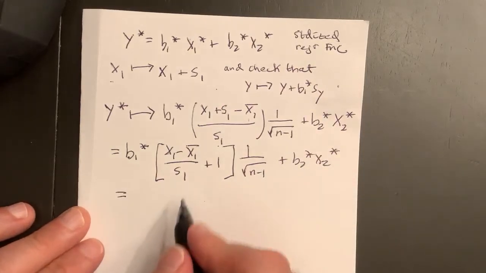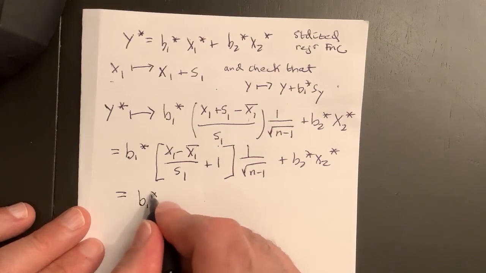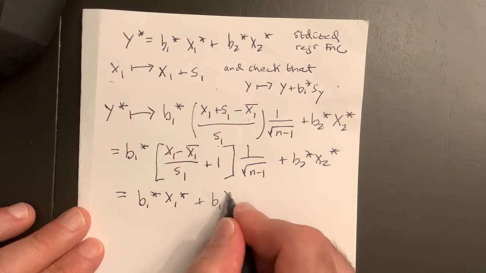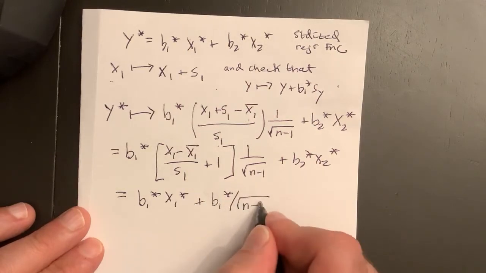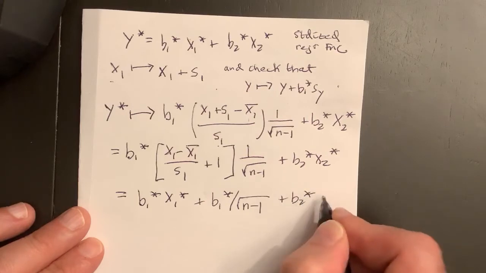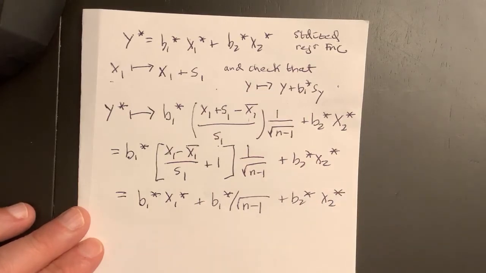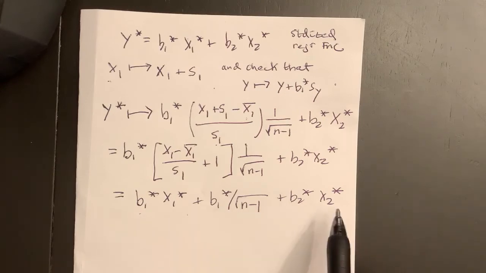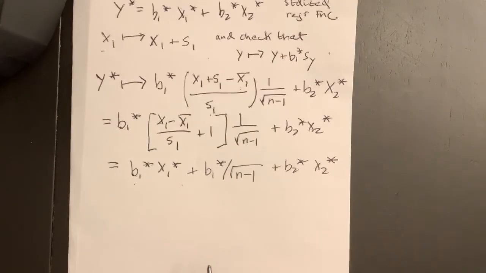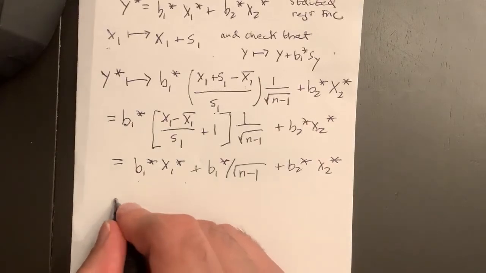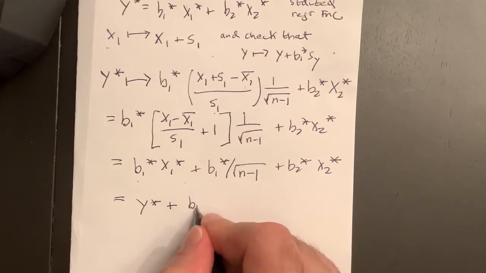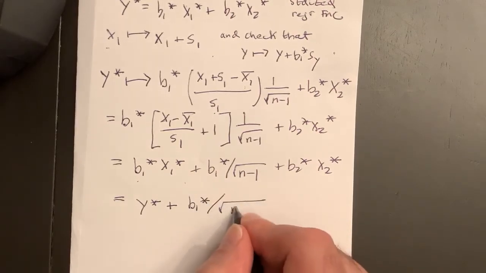So we just get b1 star x1 star plus b1 star over square root n minus 1 plus b2 star x2 star. But what is b1 star x1 star plus b2 star x2 star? That's y star. So this is just y star plus b1 star over square root n minus 1.